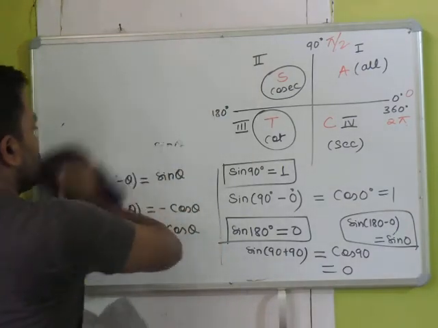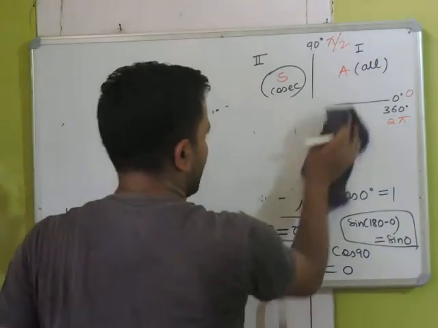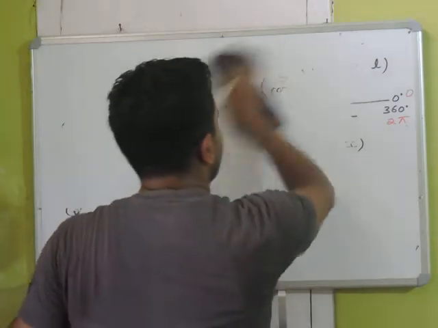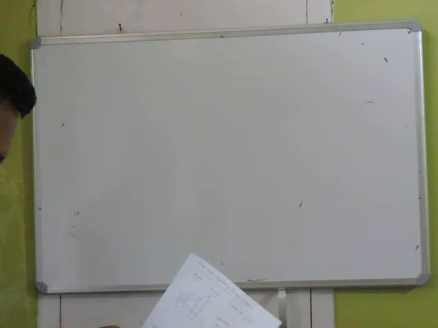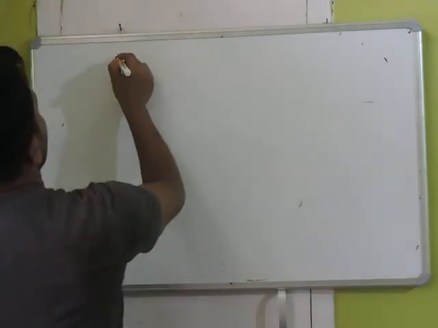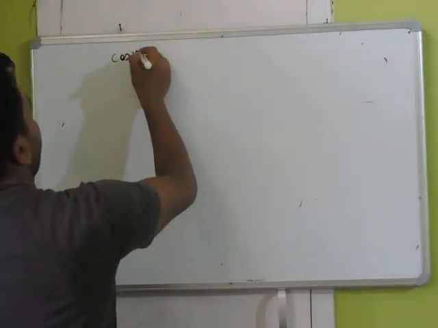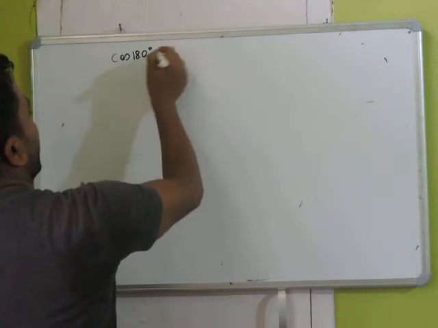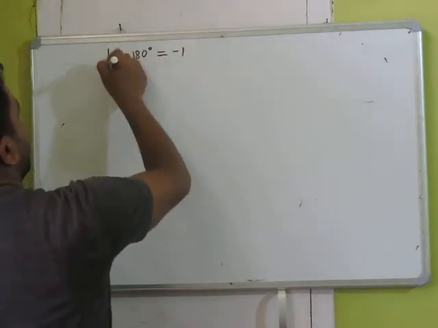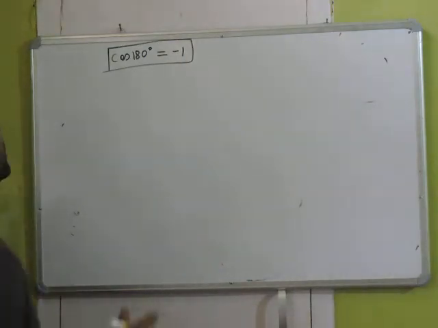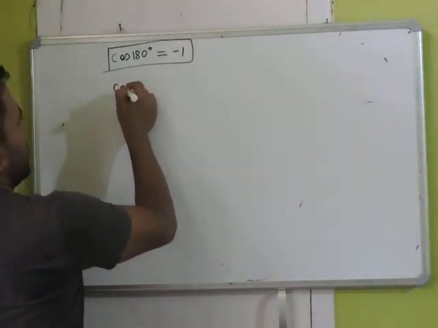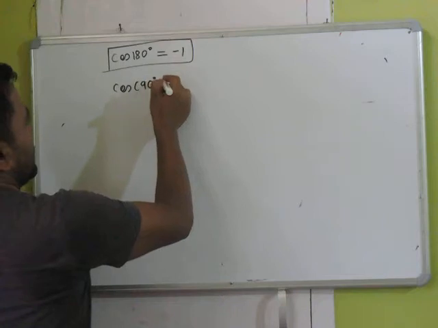Now let us do two more. Let us find what cos 180 degree is. It will turn out to be -1. Now let us see how and why. Let us use that formula, cos 90 plus theta.